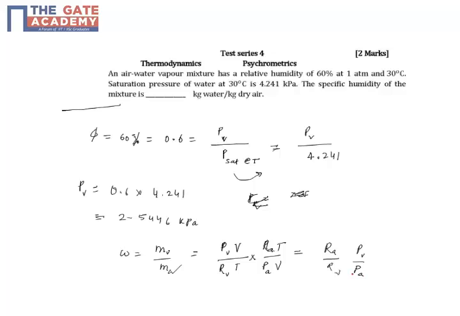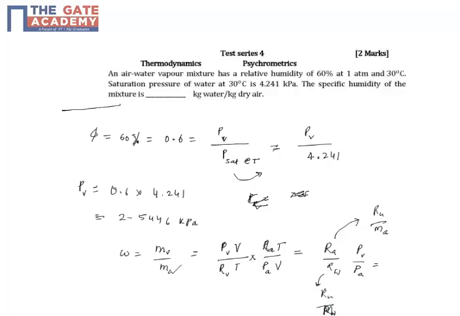Now these gas constants are the universal gas constant divided by molecular weight. R of air will be R by M, where M is the molecular weight. So R universal by molecular weight of air, and R universal by molecular weight of water.